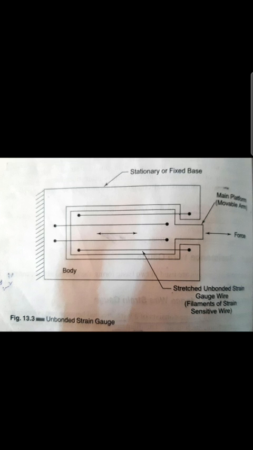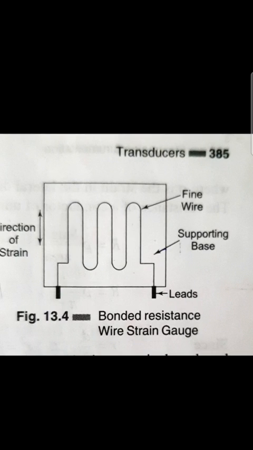The next is the bonded resistance wire strain gauge. In the bonded resistance wire strain gauge, a metallic bonded strain gauge is shown in the figure. A fine wire element about 25 micrometer or less in diameter is looped back and forth on a carrier or mounting plate, which is usually cemented to the member that undergoes the stress.